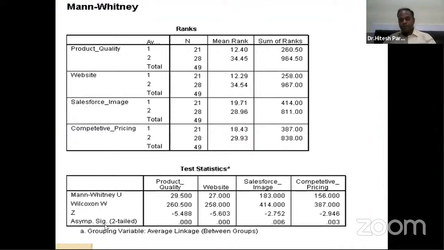This last one, Sig. two-tail. So all two-tail p-values are less than 0.05. The null hypothesis can be rejected at the 5% level of significance. And it can be concluded that with respect to all four variables, there is a significant difference between these two clusters. Okay, understood?